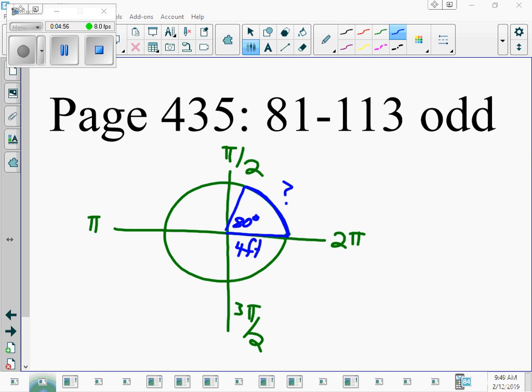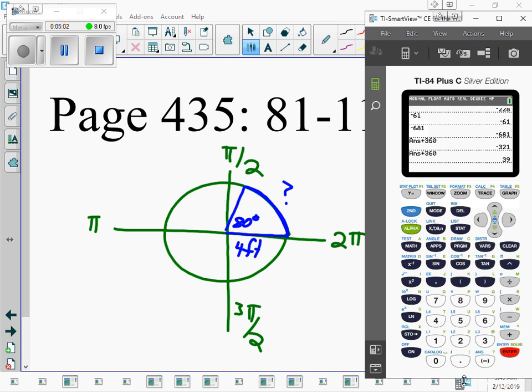So 80 out of 360 degrees is 22.2%, right? And the circumference of the circle is 4 times 2 times pi. And now I need to multiply that by 0.22. And I get an arc length of 5.5 feet. That was kind of annoying.